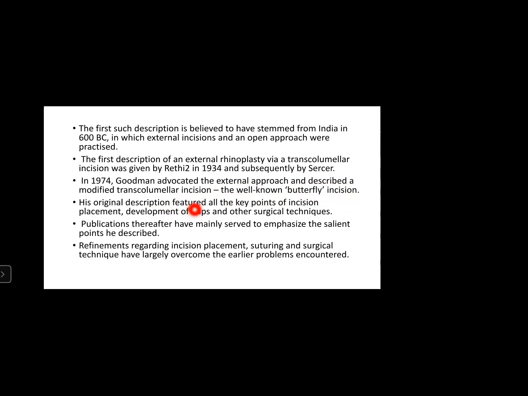His original description featured all the key points of incision placement, development of flaps, and other surgical techniques. Publications thereafter have mainly served to emphasize the salient points it described. Refinements regarding incision placement, suturing, and surgical technique have largely overcome the earlier problems encountered.